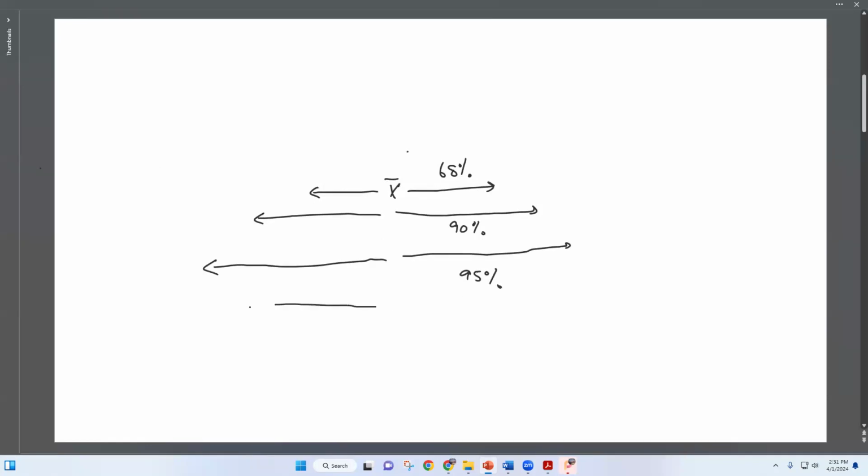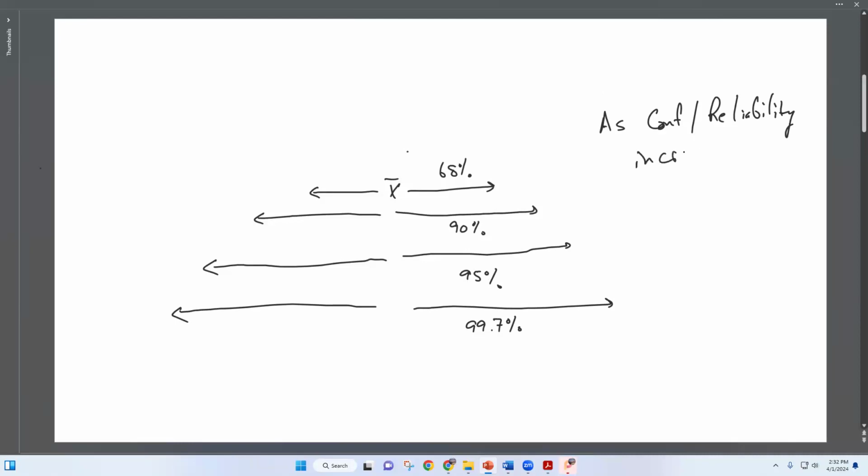But you can see the interval is getting a lot larger. And so that was our 99.7% confidence interval. So as our confidence increases, also known as reliability, so does the interval. But of course, we get less precision. So that's just the way it goes.